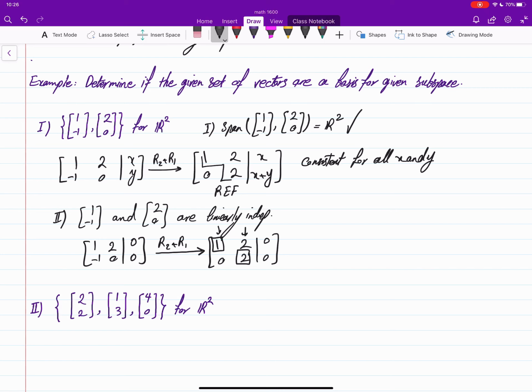Each column has one of those, so we have only the trivial solution. And a trivial solution means that the columns are linearly independent. The vectors are linearly independent.